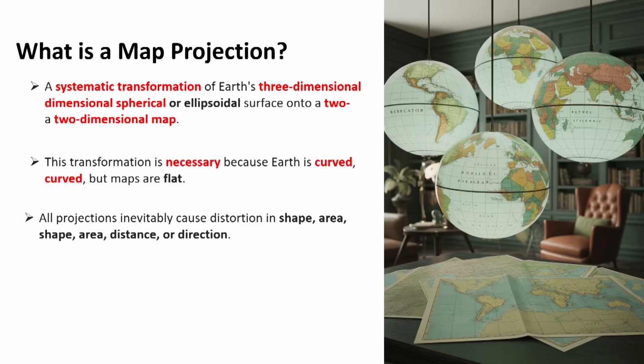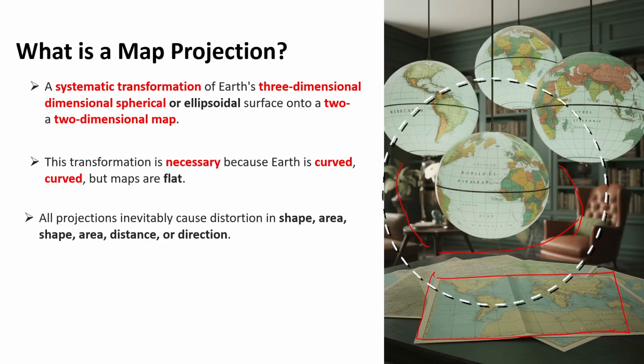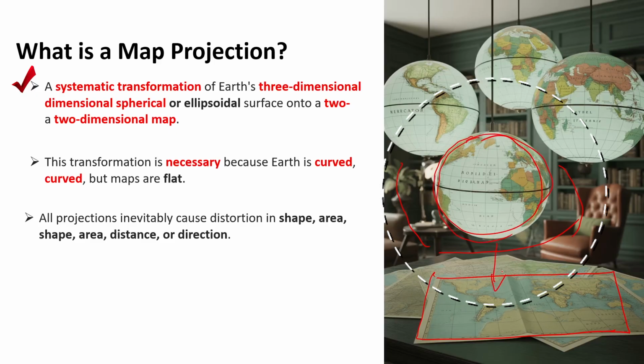Look at the image on the right side. Look at the globe. It is a 3-dimensional view. The bottom one is a 2-dimensional flat map. The conversion of this 3-dimensional spherical or ellipsoid view into a 2-dimensional view is known as projection.